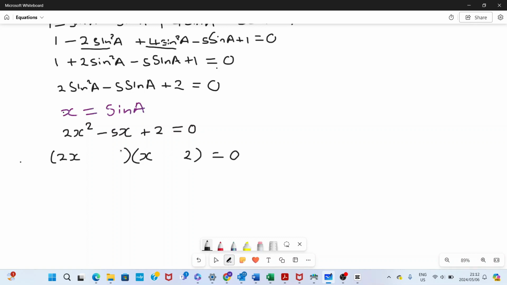For us to decide whether these factors are negative or positive, we will be guided by this middle term here, this minus 5x.